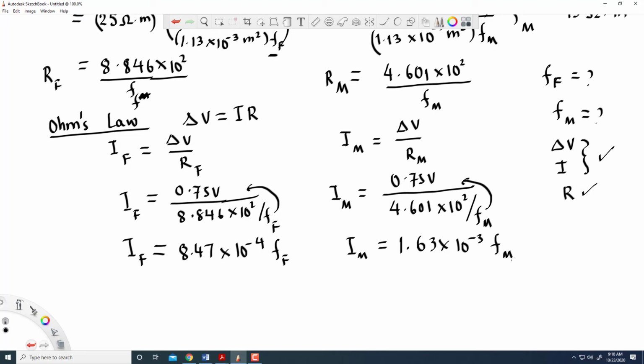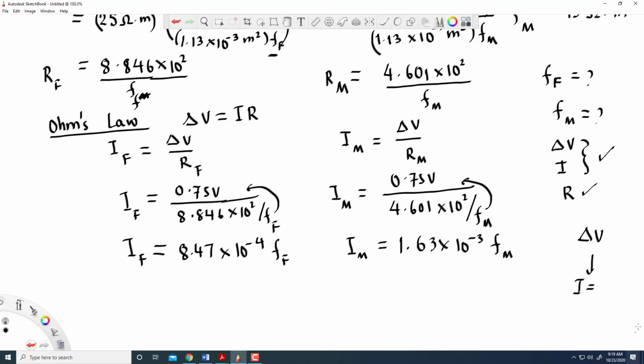Again, if I have a wrong number, please let me know. So this is the current flowing to the fat and current flowing to the muscle, and when you apply this delta V, you get the total current of I given in the question.